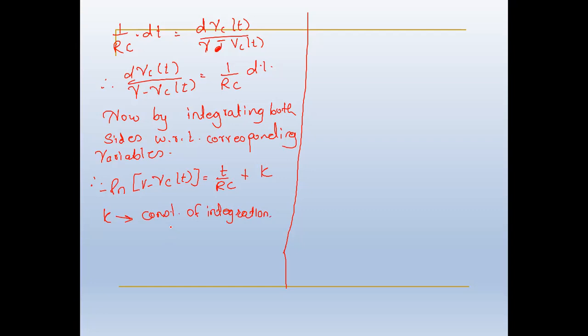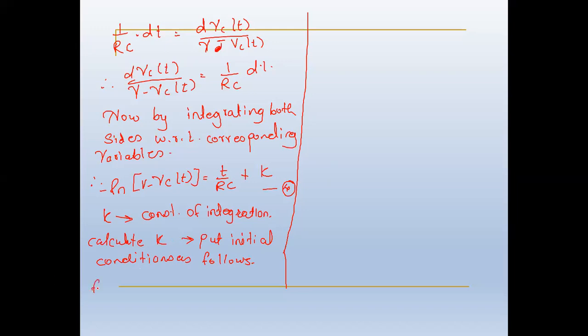As k is the constant of integration, we have to calculate k. To calculate k, put the initial conditions as follows. Let us call this equation number 4.